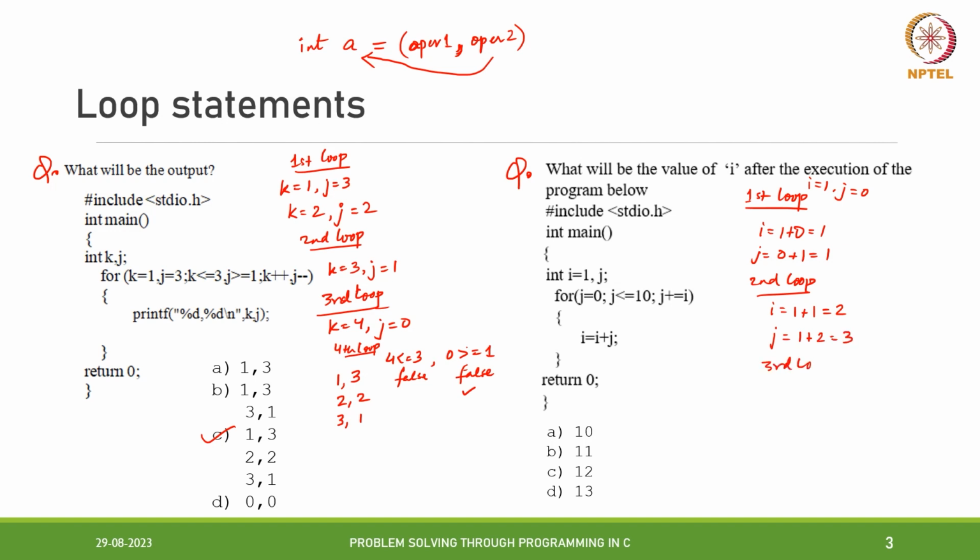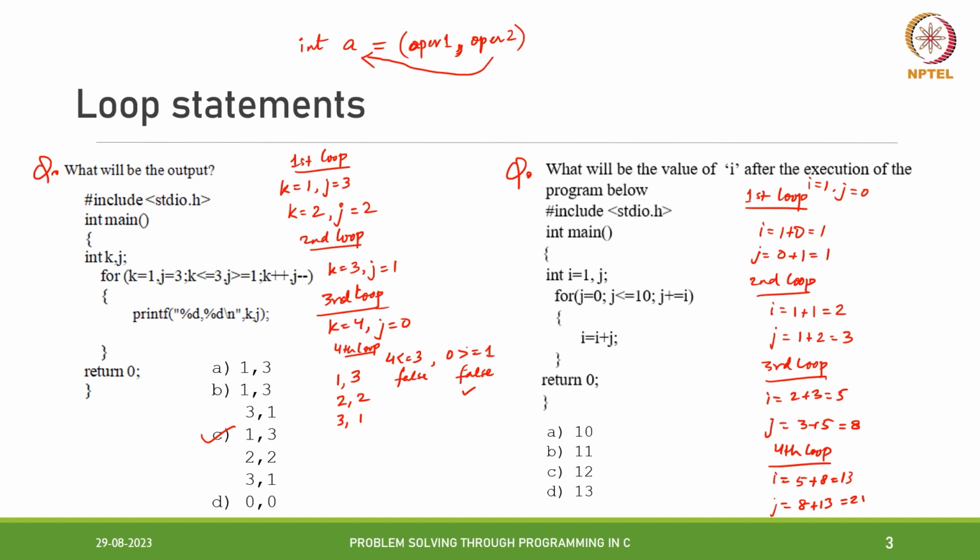In the third loop i becomes i plus j, that is 2 plus 3, which is 5. j becomes 3 plus 5, which is 8, still satisfying the condition, so there will be a fourth loop. So i becomes 5 plus 8, which is 13, and j becomes 8 plus 13, which is 21, right?